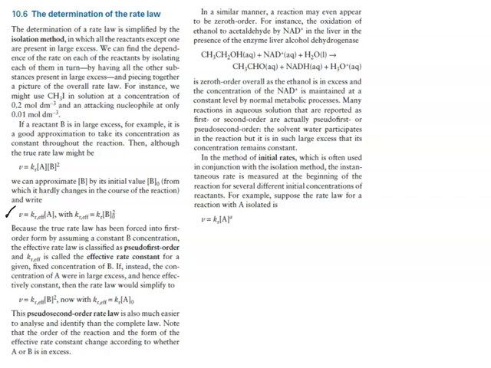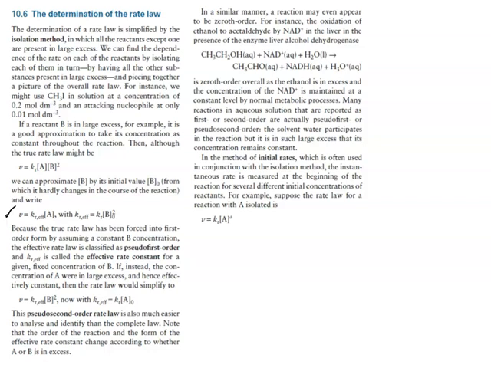Because the true rate law has been forced into first-order form by assuming a constant B concentration, the effective rate law is classified as pseudo-first-order, and the effective rate constant is called the effective rate constant for a given fixed concentration of B.